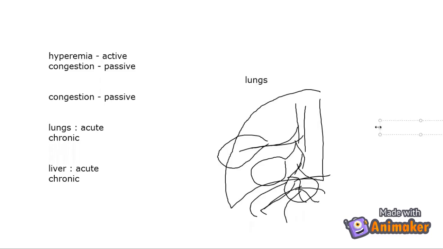So in acute congestion, what happens is that these capillaries are congested. So there will be congested alveolar capillaries, and the septa between these alveoli, there will be edema.